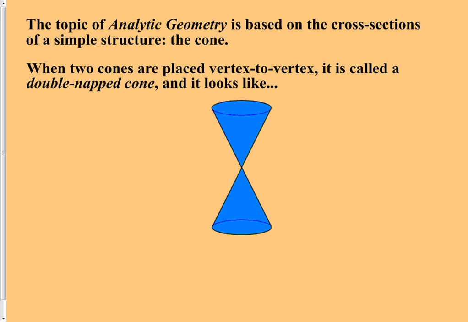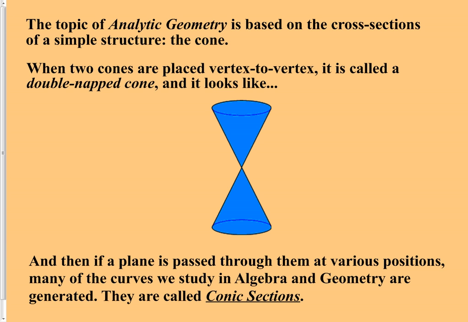Okay. Now the idea of cross sections is that cross sections are the result of passing a plane through a solid at various positions and angles. And as you can imagine, when the plane passes through at different angles and positions, different types of shapes are generated by the cut of this double napped cone, and these surfaces are called conic sections.